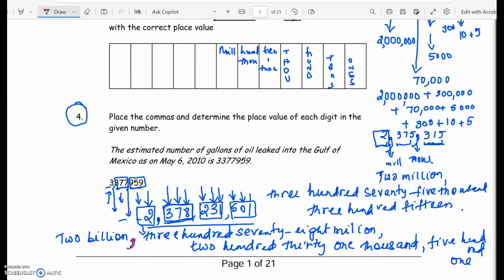So 2,378,000,000. That's the next period. Next is 1,000, 231,000, and then finally the ones, which is 501.